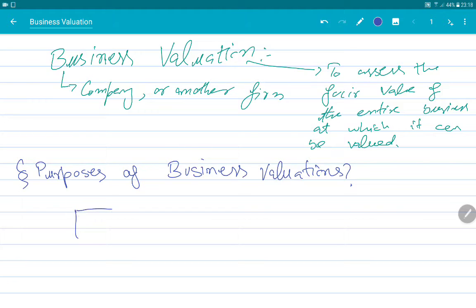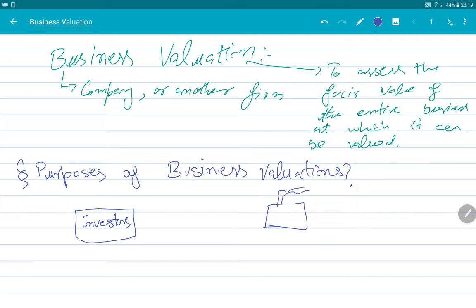For example, here is a group of investors, right? And there is another company that is operating, but they are having some problems, for example, management problems or market issues or something like that, which the current management is unable to cope with.